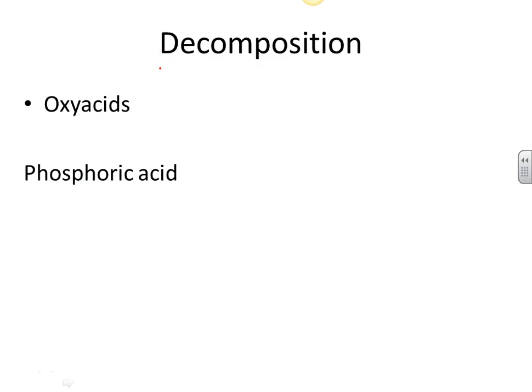Decomposition of oxyacids. So an oxyacid is, first of all, going to be an acid with a polyatomic ion, such as H2SO4.